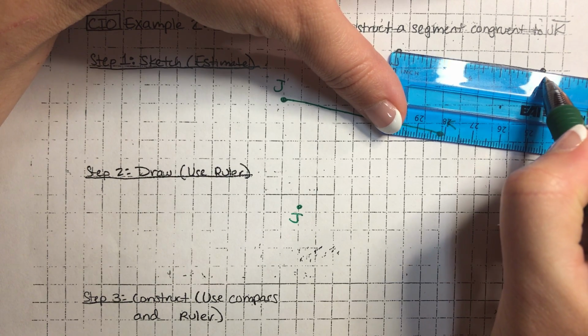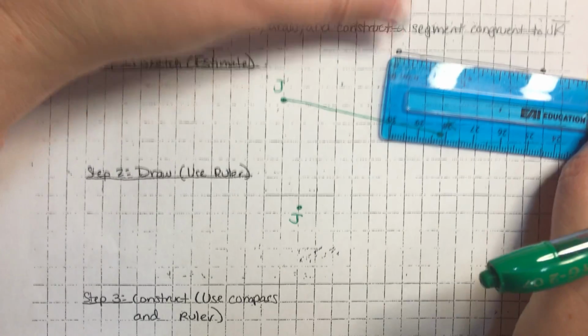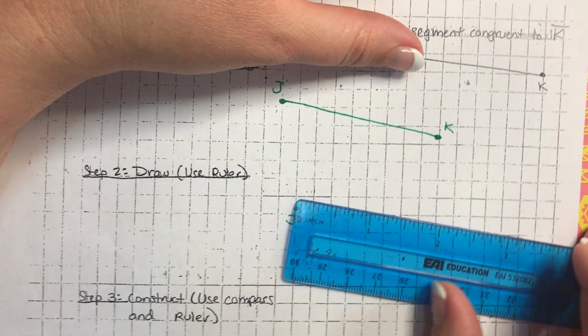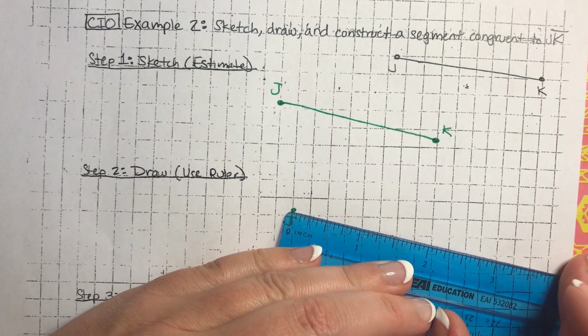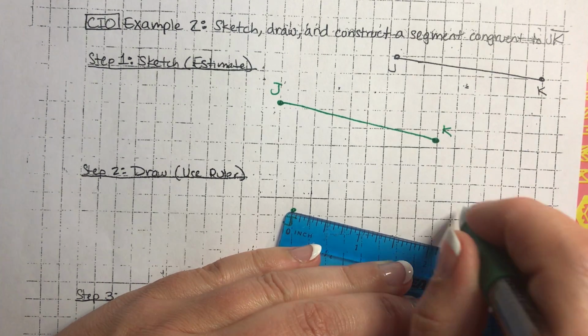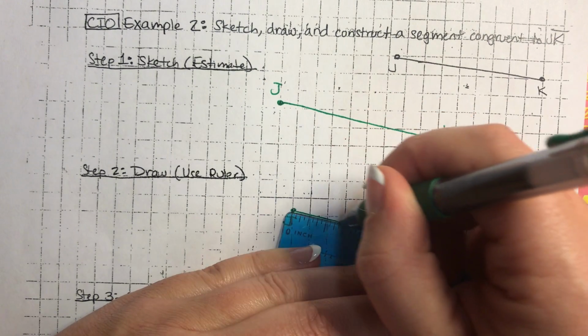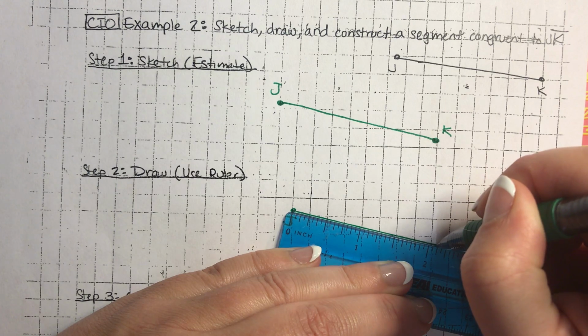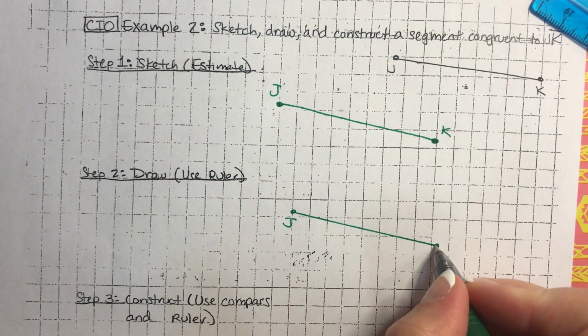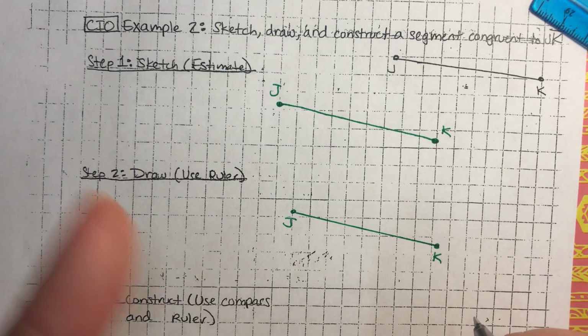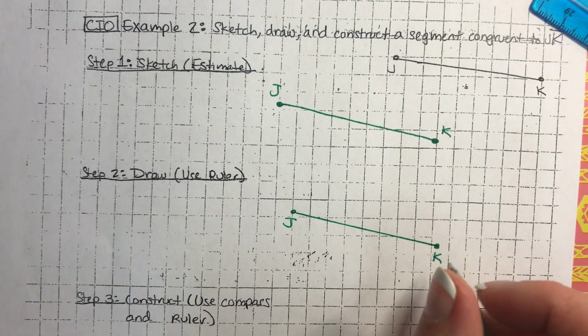Remember, so 1/16, 2/16, which would be the same thing as 1/8. So 2/16, and that's right about there. So yeah, 2/16. Make that K. So that would be what they consider drawing.